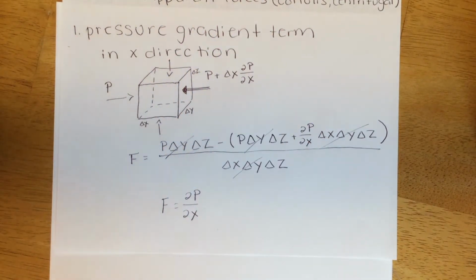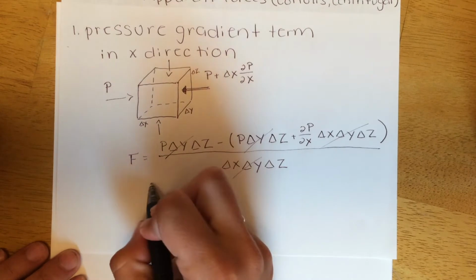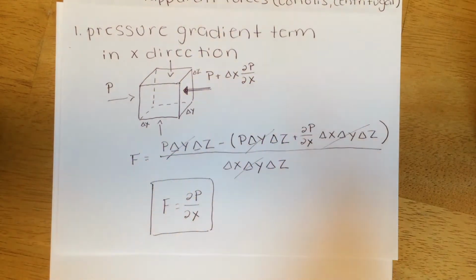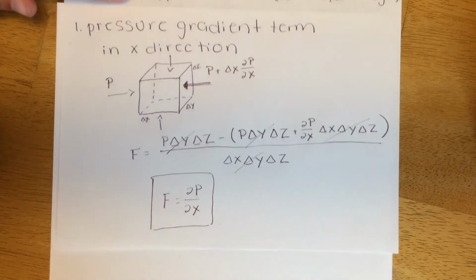We are simply left with the pressure gradient force in the x direction is equal to the negative of the change in pressure over the x direction. Don't forget the negative, like I did, to distribute the negative. I'll add it in a second.